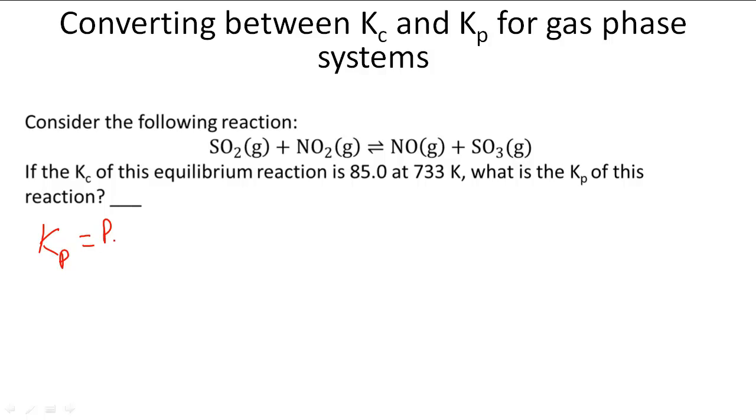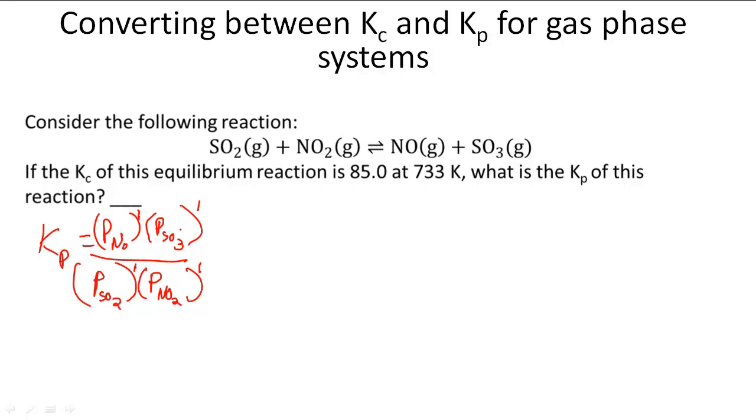So it would be P of NO to the power of its coefficient, which is just 1, times P of SO3, over P of SO2 times the partial pressure of NO2. And you would include their coefficients, which are just 1, which we usually don't write. And so that is Kp.